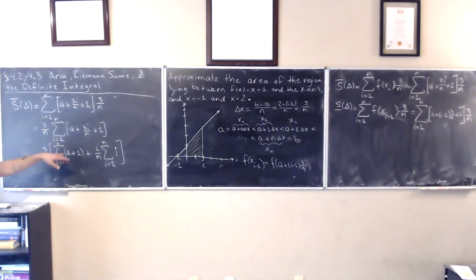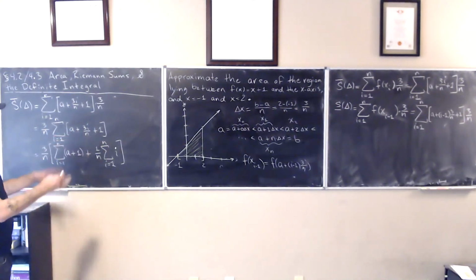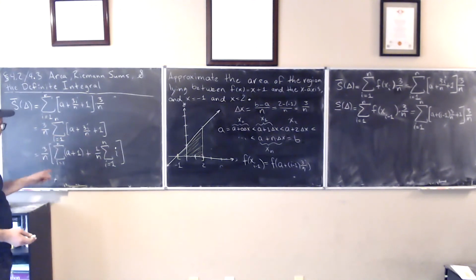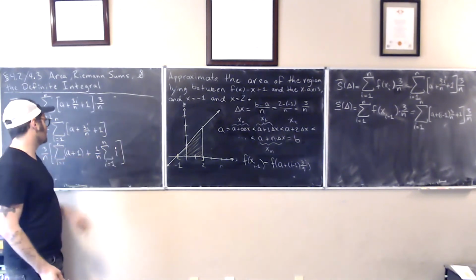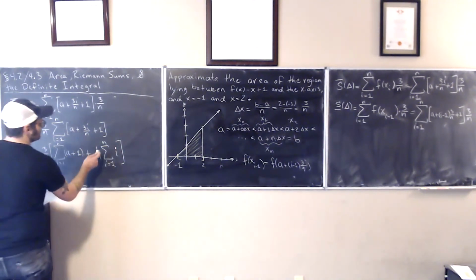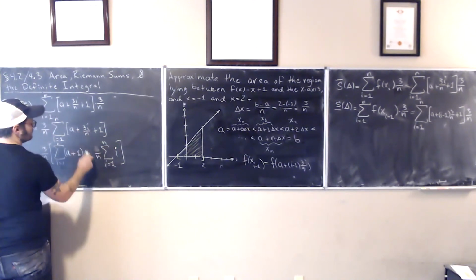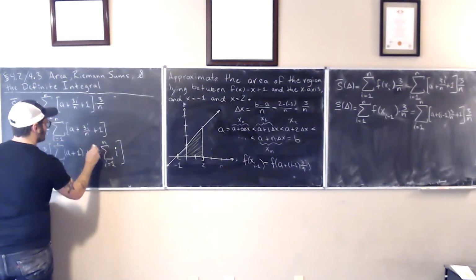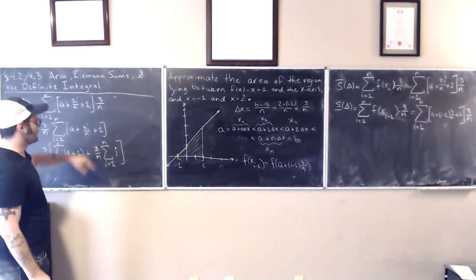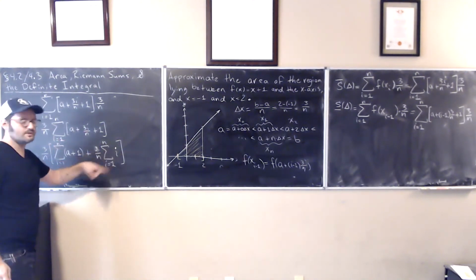I just split the sum up. I can split it up however I want. I just decided to look at this sum on its own, and then look at this sum on its own. Oh, that shouldn't be, it's 3 over n, right? Times i. So I can take out the 3 over n, and I have the i on the inside.